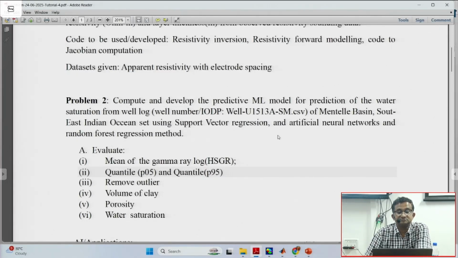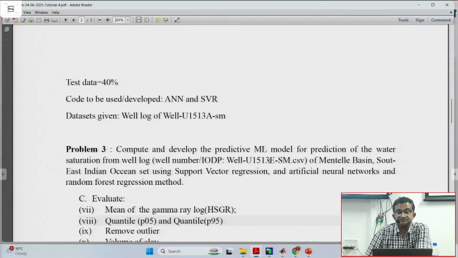This is open source data of IODP programs, where this basin is very close to Australia, and there is a geological complexity in finding the possibility of gas hydrate, etc. Our job is, given that data, two sets of data from nearby wells, one is U1513A and the other is U1513.